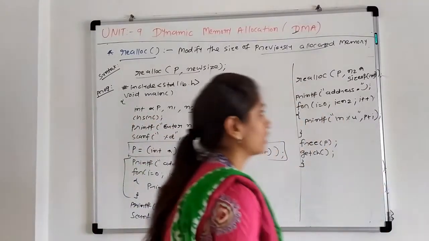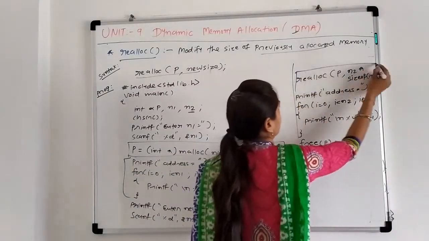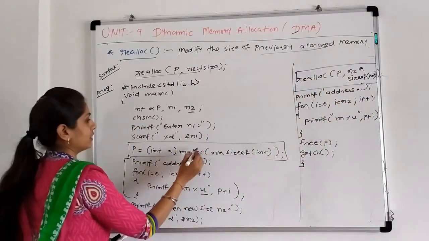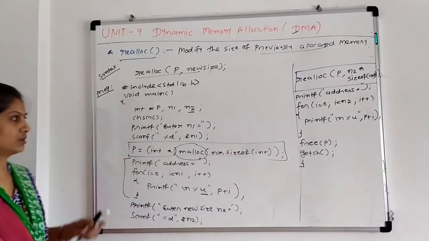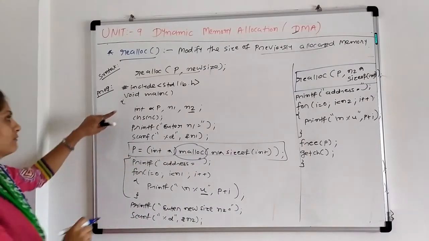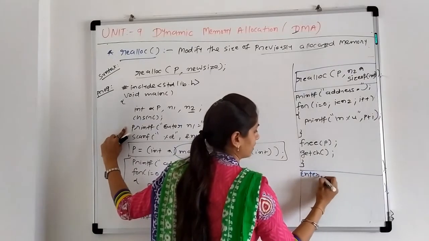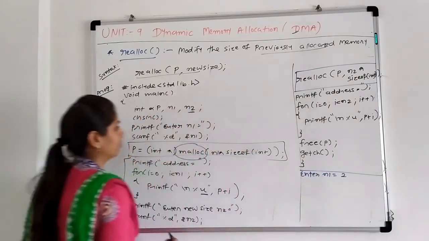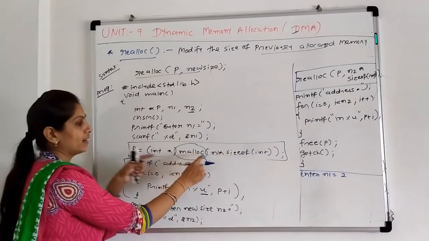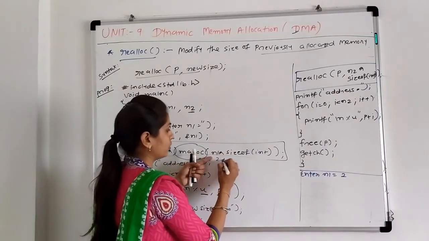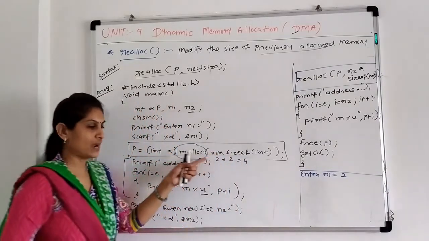So what is the output of this program? Here we are using the realloc function and here we are using the malloc function. First, enter n1. Suppose n1 is 2. So the memory allocated is n1, that is 2 into 2, how many? 4 bytes.